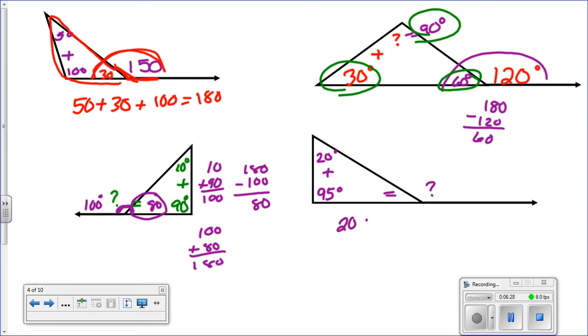So 20 plus 95 equals the one on the outside. So let's do that. 20 plus 95, 115. That means this angle here is 115. Now I'm going to prove to you that it works.